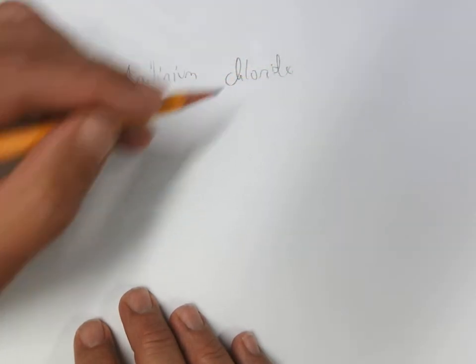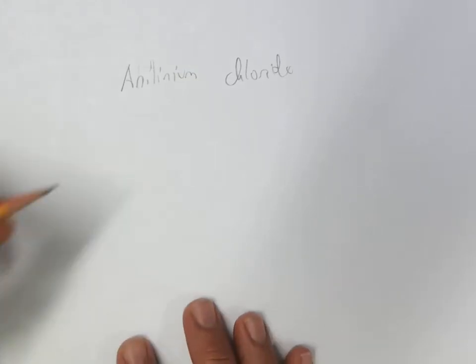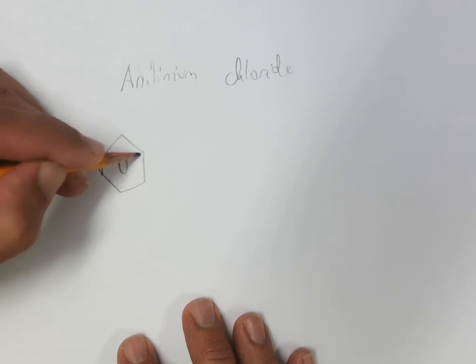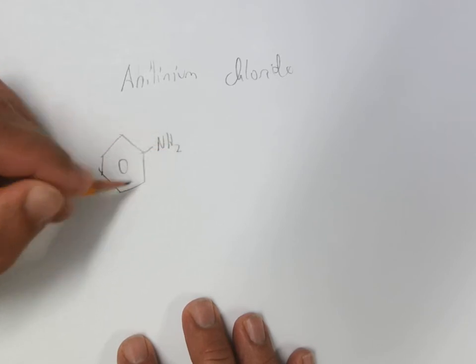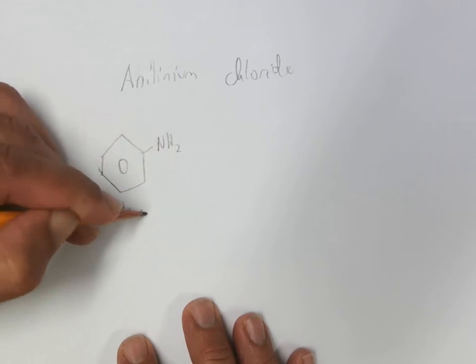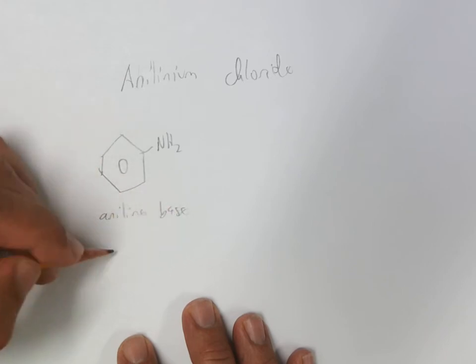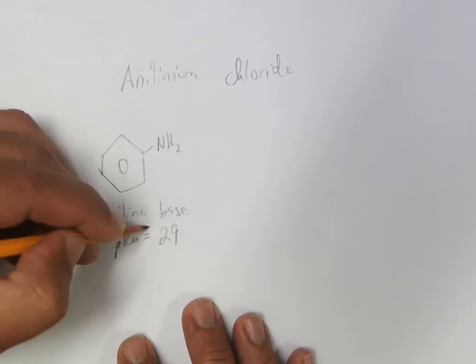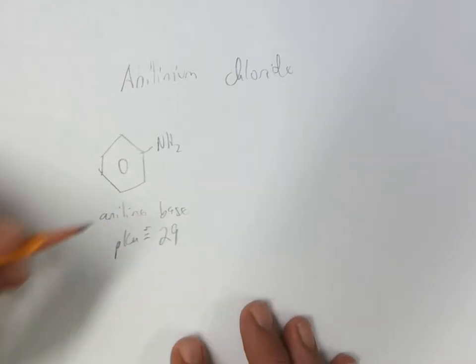So pKs are generally attached to acids. So the free base form, aniline, is a base with a pK of about 29, 27 to 29 you might say.